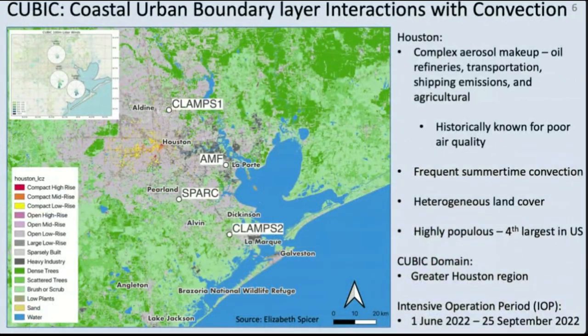So Houston, which is the 4th largest city by population in the United States, is a prime coastal urban environment for us to study, with it being home to a complex aerosol makeup, frequent summertime convection, and compounding small-scale meteorological processes.